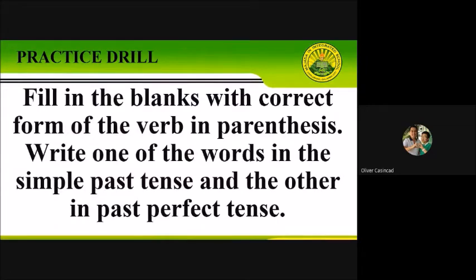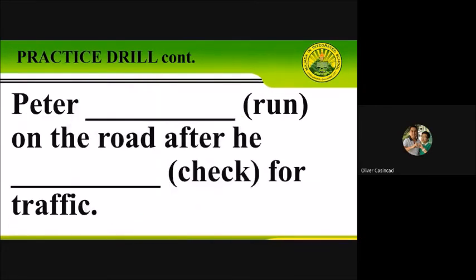So next, you have to fill in the blanks with the correct form of the verb in parentheses. Write one of the words in the simple past tense and the other in the past perfect tense. In this case, it is very important that you analyze and identify which of the two past actions happened first, and that would be in the past perfect tense, and the second one to occur would be in the simple past tense. Like this one.